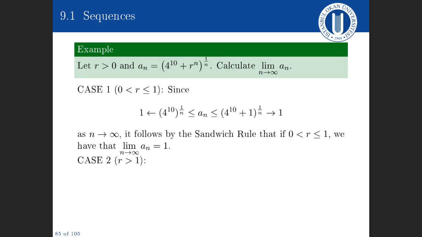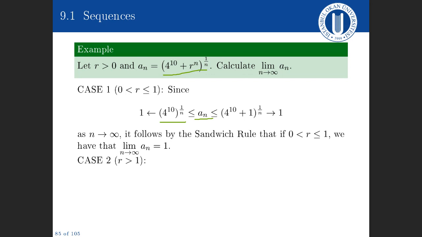First of all, if r is between 0 and 1, we can use the sandwich rule. First of all, an, that's this thing, is always bigger than 4 to the power n to the power 1 over n, if we just remove the r to the power n. How could we make this thing bigger?